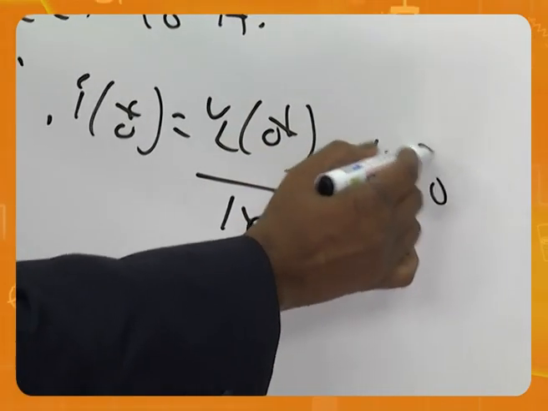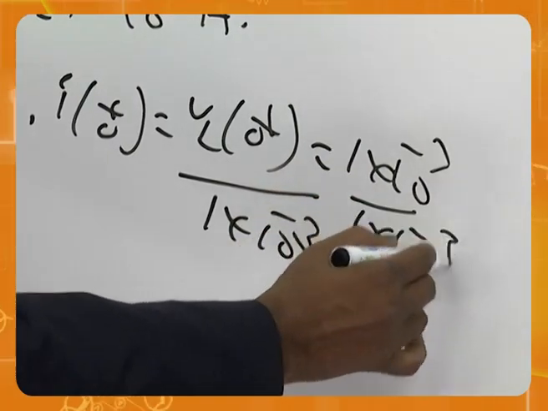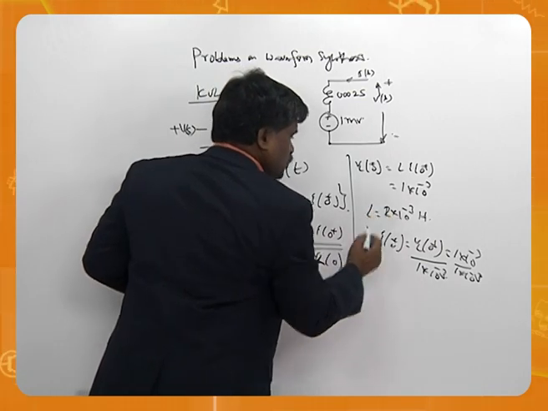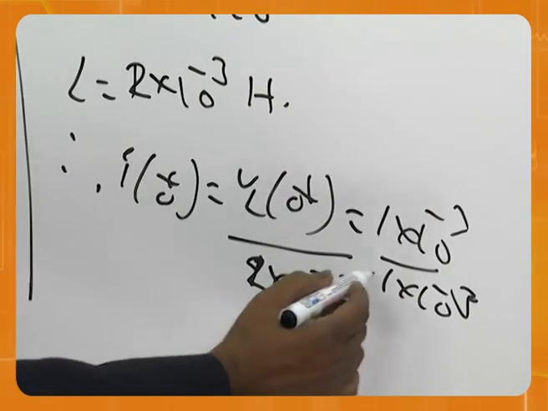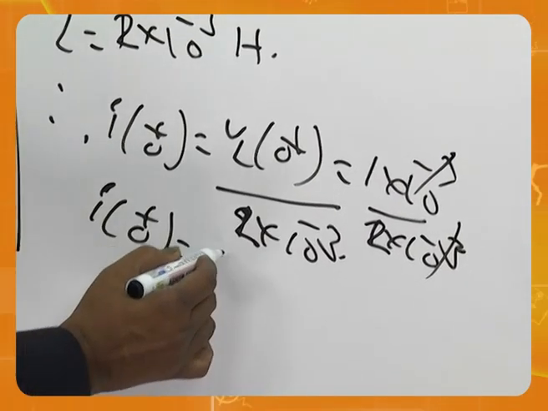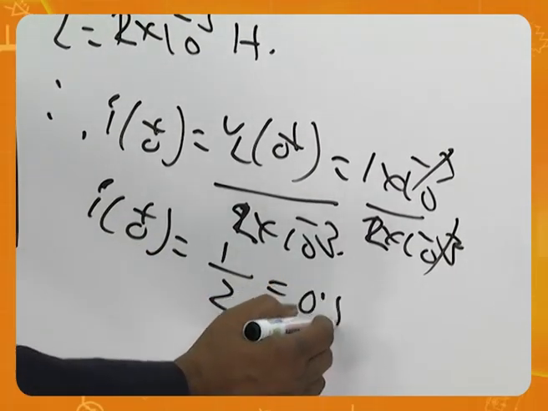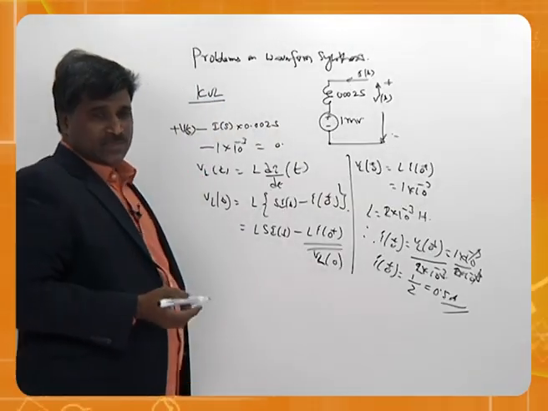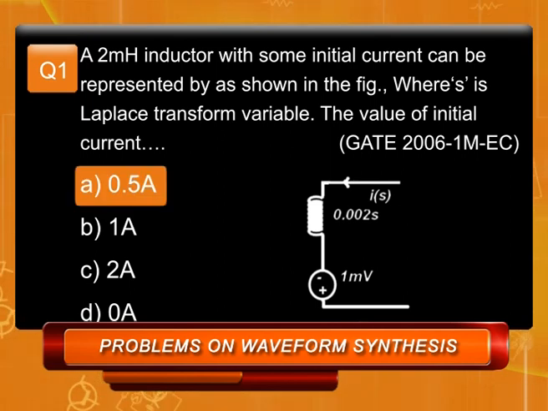So look, the inductor is given as 2, so the milli cancel. Therefore, I of 0 plus is 1 by 2, which means 0.5 amperes. So our option is A.